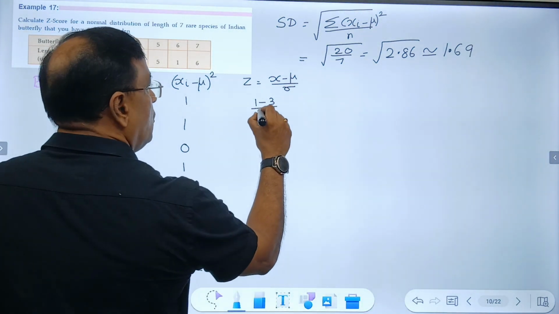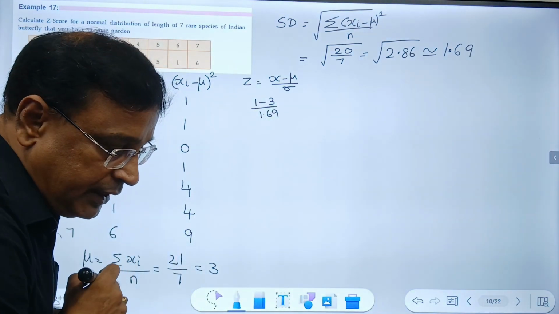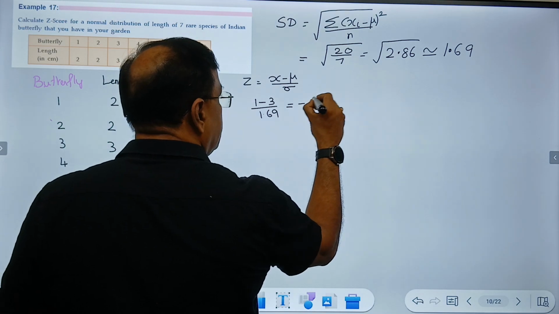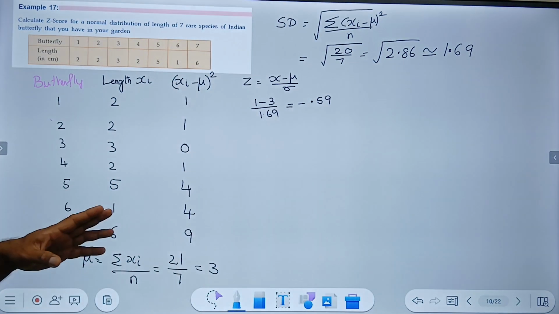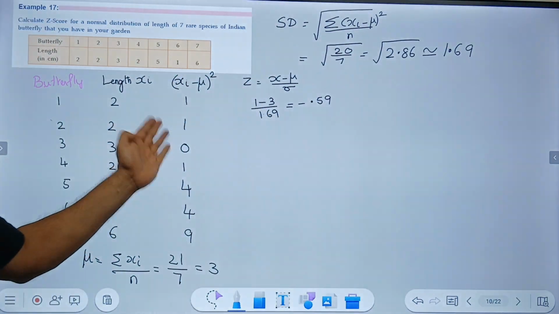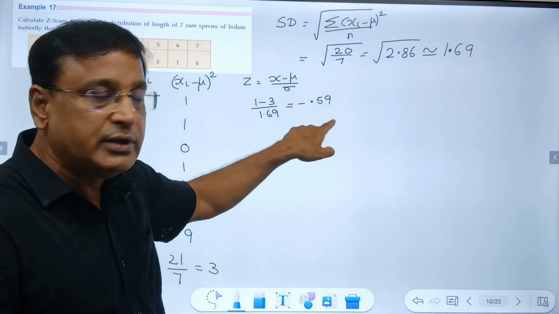Sigma is 1.69. And when we calculate this, I am getting it as minus 0.59. Now please understand, when your data point x is less than the mean, you will always get a negative z-score.